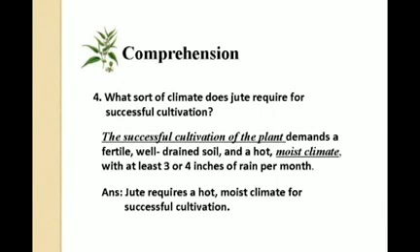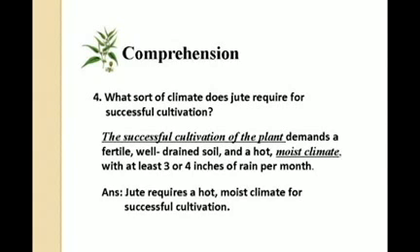The fourth question is, what sort of climate does jute require for successful cultivation? This question asks you the climate jute requires to grow well. So, read the second paragraph again.